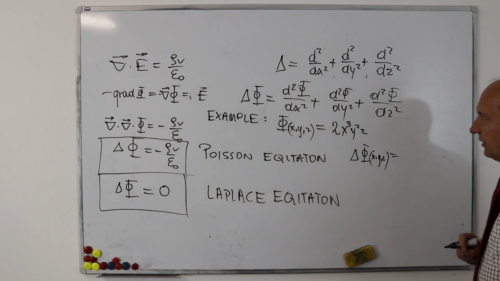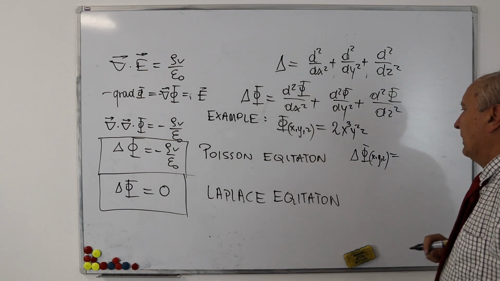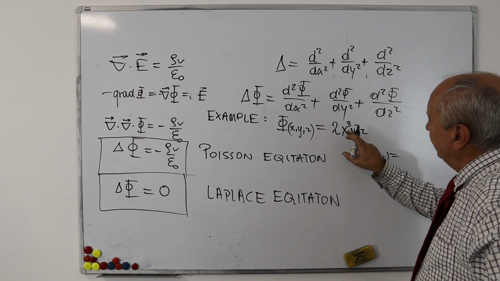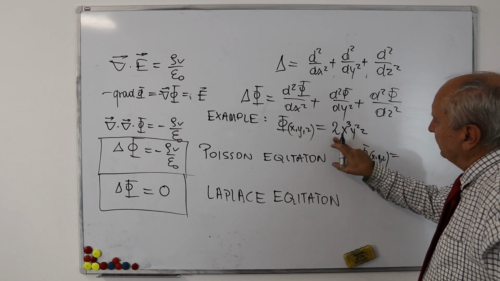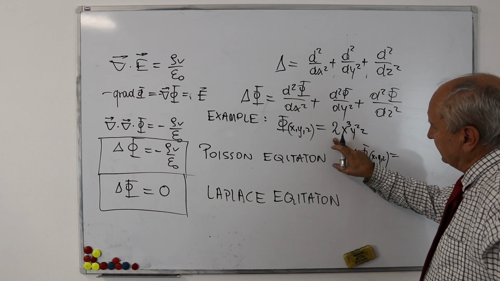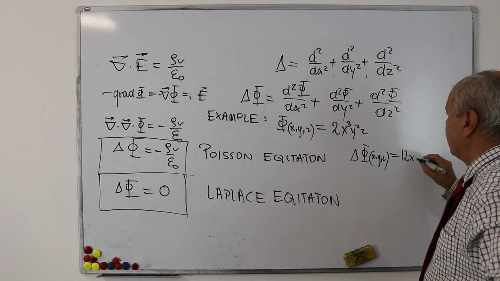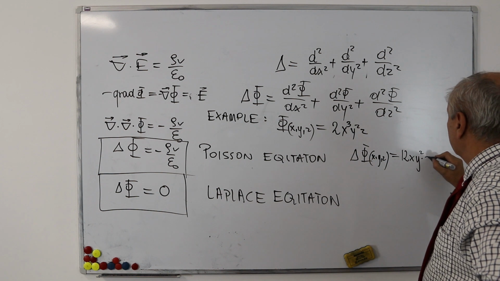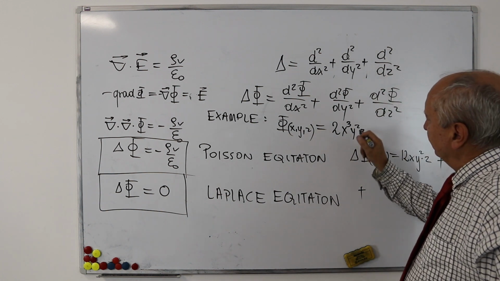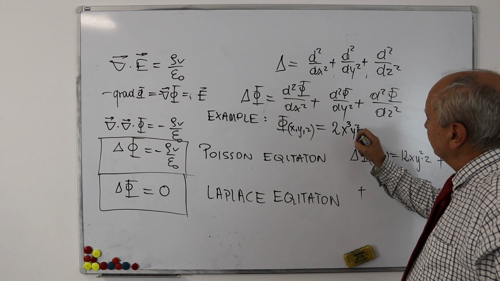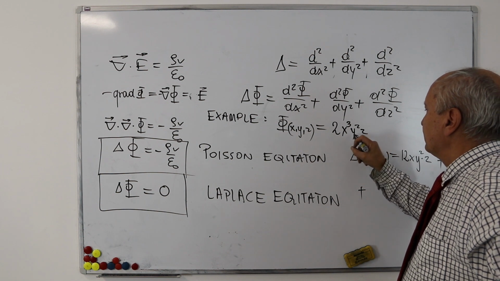And now we calculate the second derivative of phi with respect to x. So we have 3, and after 3 multiplied by 2 gives us 6, and multiplied by 2 gives us 12x y squared z. Pure. First derivative of y squared is 2y, and the second one is 2.